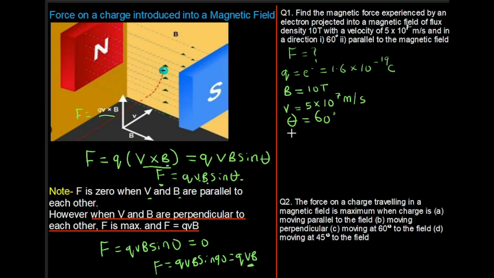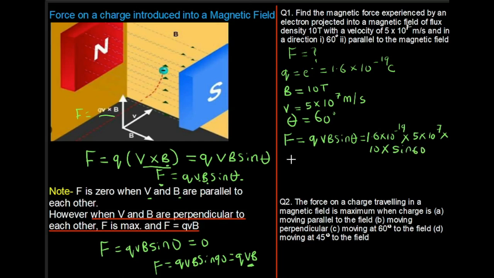So to solve this, we just use our formula QVB sine theta. So we have F equals QVB sine theta. Q here is 1.6 times 10 raised to the power minus 19, times V, which is 5 times 10 to the power of 7, multiplied by B, which is 10, then multiplied by sine theta, which is sine 60.